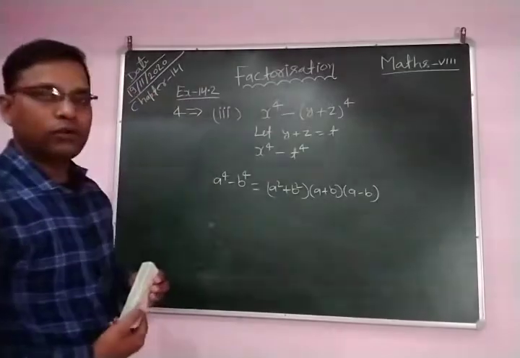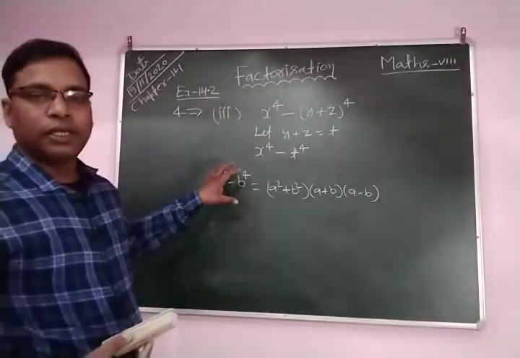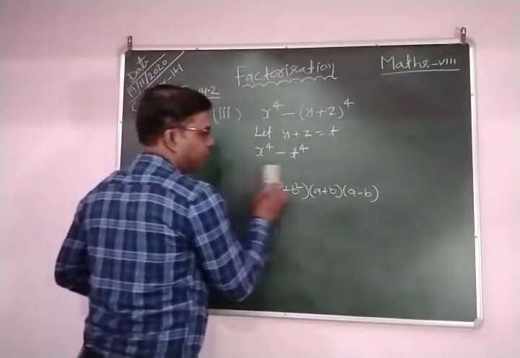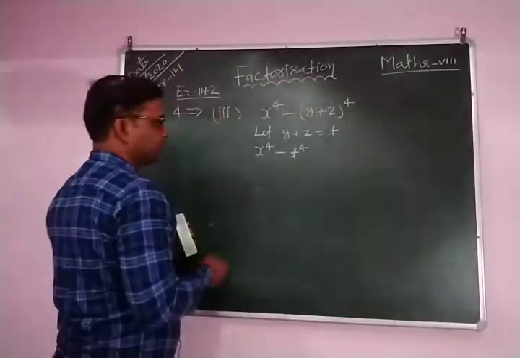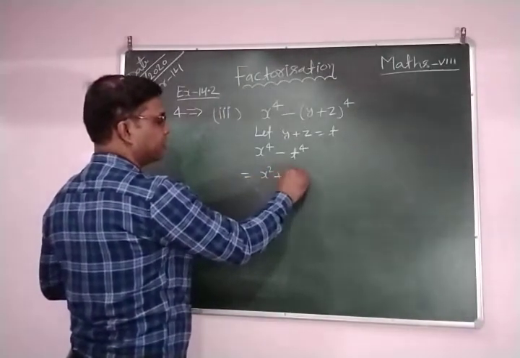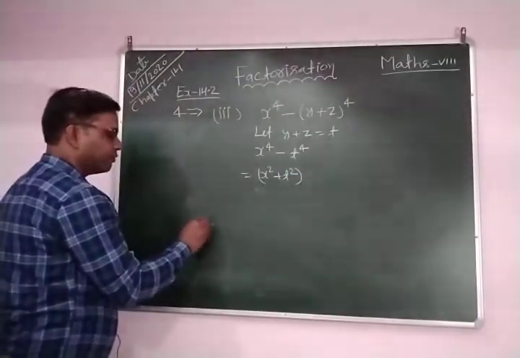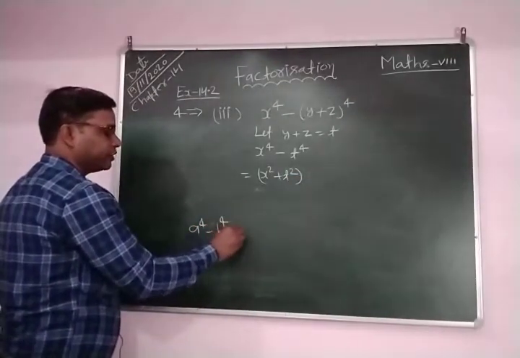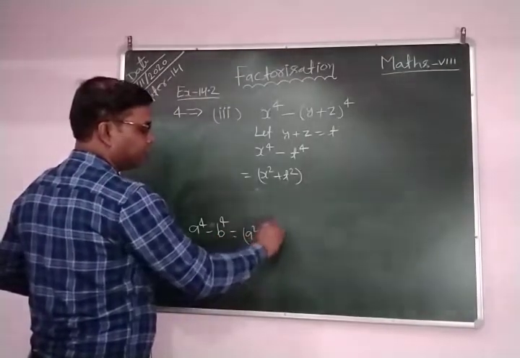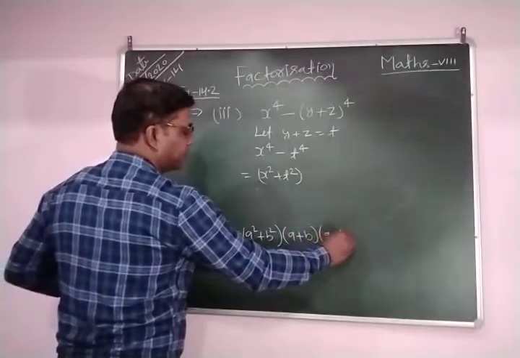Clear? Now, if you use these identities, you can solve this part so easily. So you can write x square plus t square, because here we write a power 4 minus b power 4, which is equal to a square plus b square into a plus b into a minus b.